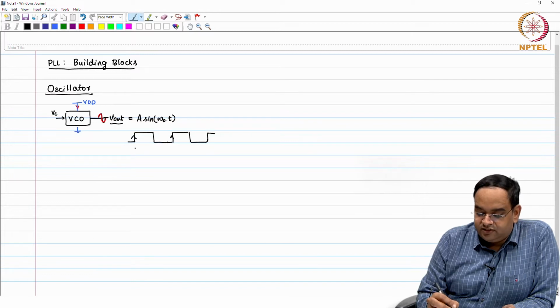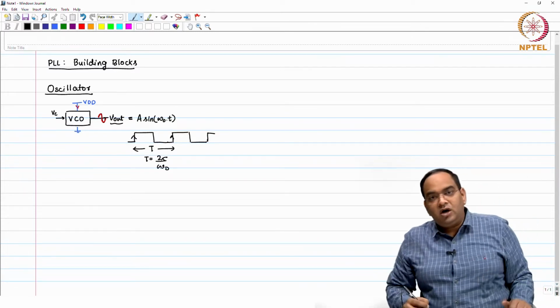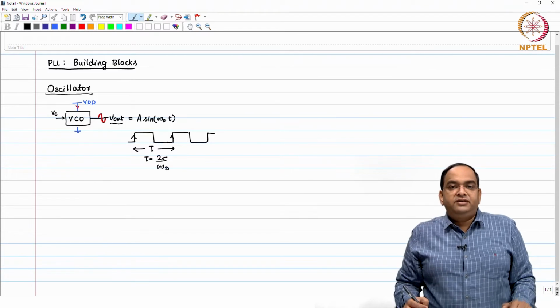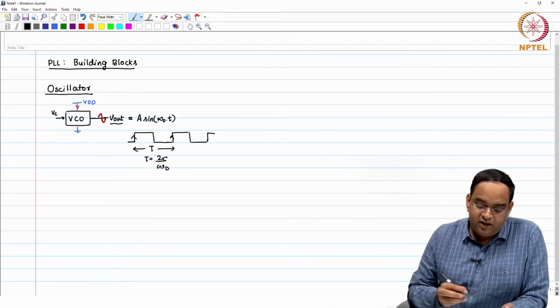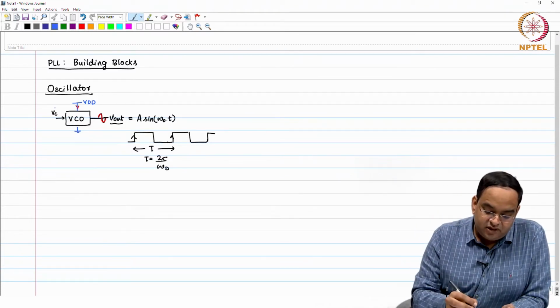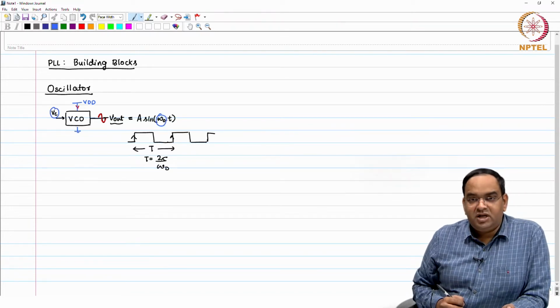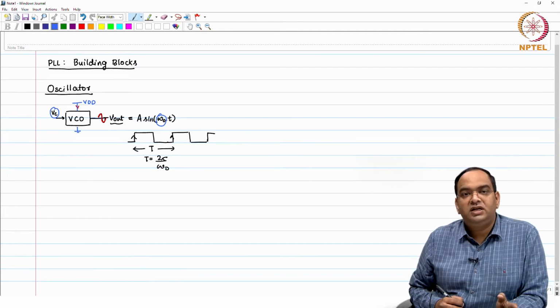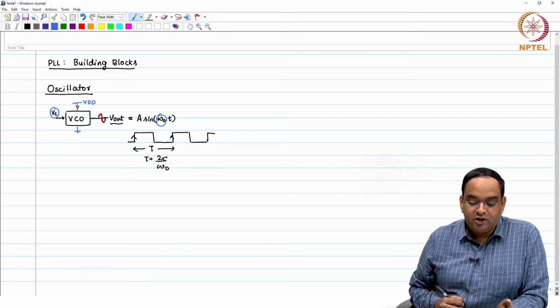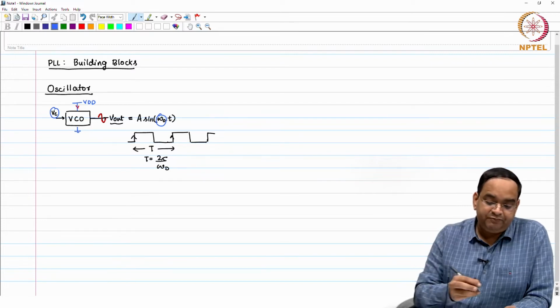So, this is the time period of the oscillator and this time period T is equal to 2 pi by omega naught. So, the oscillator as a standalone block generates frequencies depending on the control voltage. Somehow this control voltage will relate to your omega naught, okay, but there is no other input to the oscillator. There is nothing like a sinusoidal input because of which you are generating omega out. No, it does not happen like that.